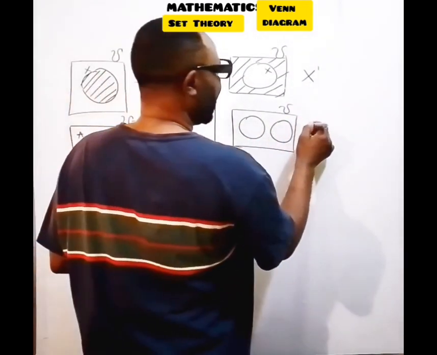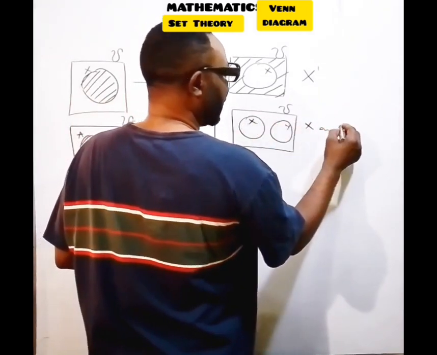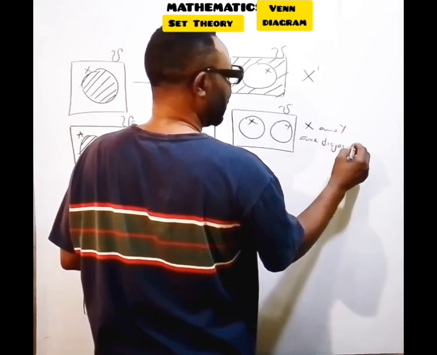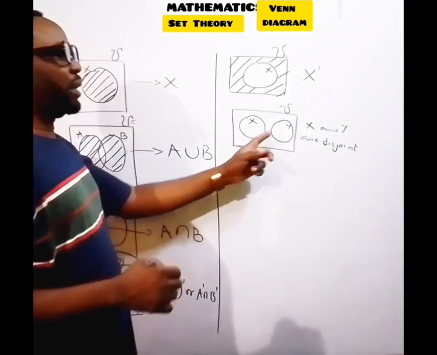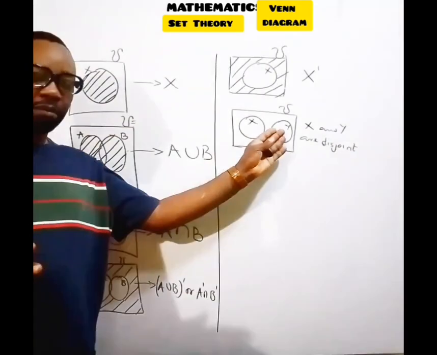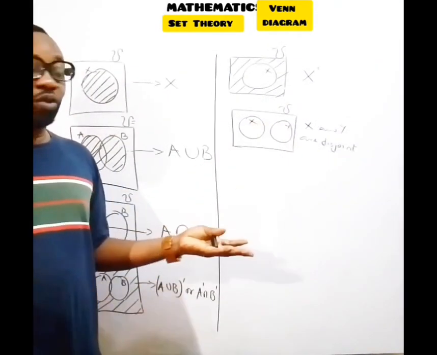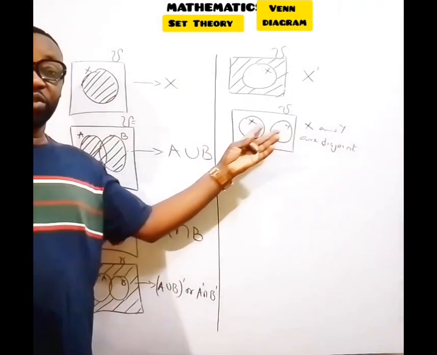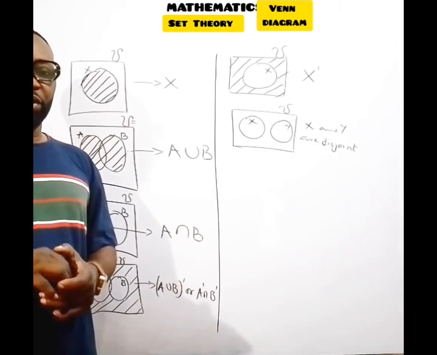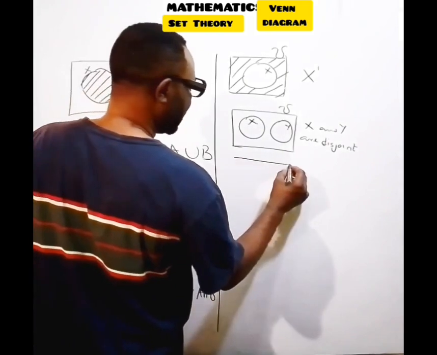This means that this is X, this is Y. X and Y are disjoint sets. There's nothing in common between the two of them. You can only find the union of the two of them, but you cannot find the intersection. That is the meaning of such an arrangement.